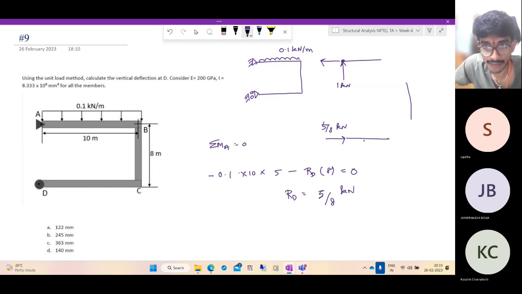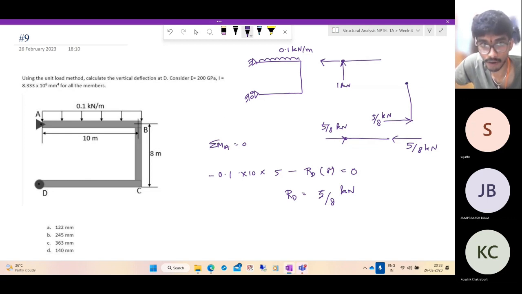So this doesn't have any shear force. This is a 2-force member. It doesn't have any moment because this cannot resist any moment. This acts through the point, so this cannot have any moment. So the same force should be transmitted here. So this will also be 5 by 8 kilonewtons. And here, since there's no moment, the moment here is also 0.